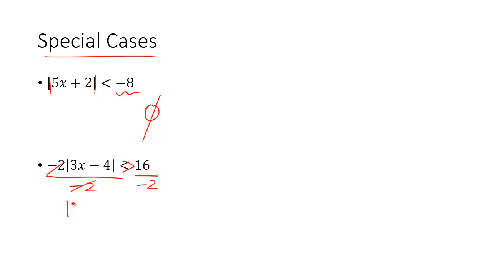That's going to give us absolute value 3x minus 4 greater than negative 8. Now, when is an absolute value greater than a negative number? Well, if we look at what greater than negative 8 means, that means everything greater than negative 8. But we know that everything up to 0 won't work.